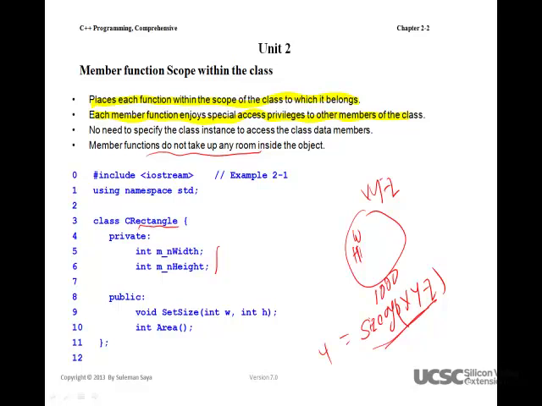So let's look at example 2-1 and try to understand what is exactly happening. Starting with line number 0, I have the iostream header file.